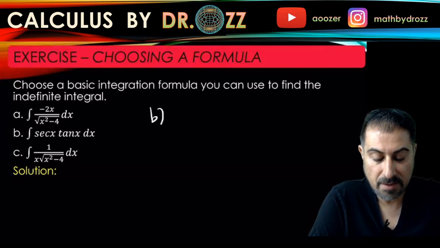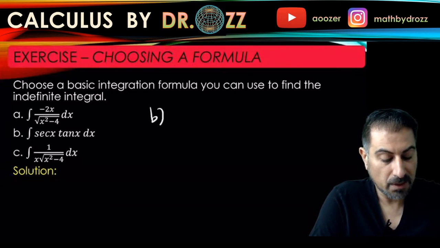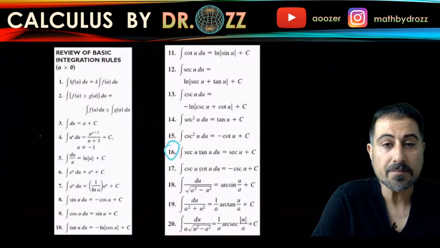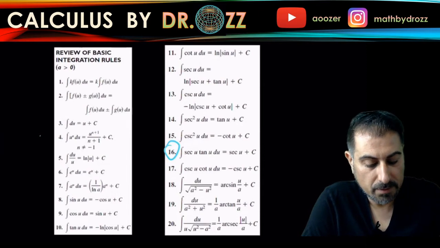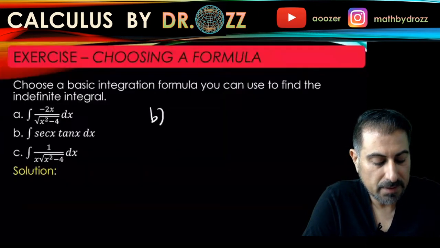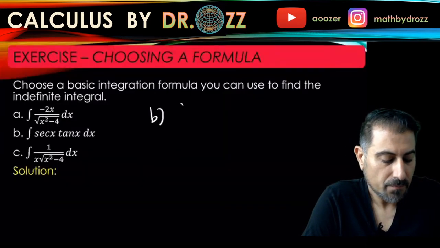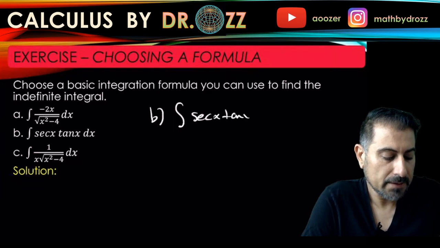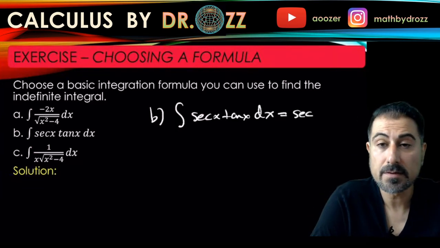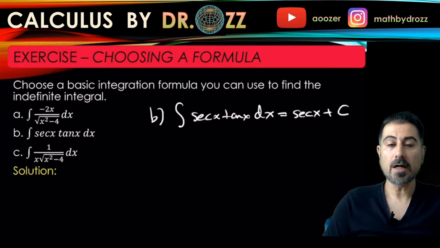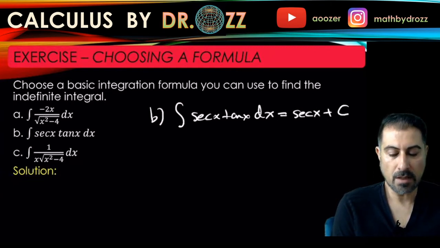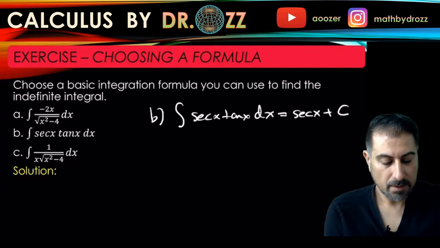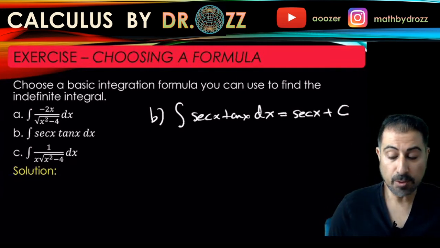We have secant x tangent x dx, and in the formula it is integrated as secant x plus c. There you go. So I'm going to write it as the integral of secant x tan x dx is secant x plus c. Again, that doesn't require any kind of u substitution. We can simply use formula number 16 here for u equals x.